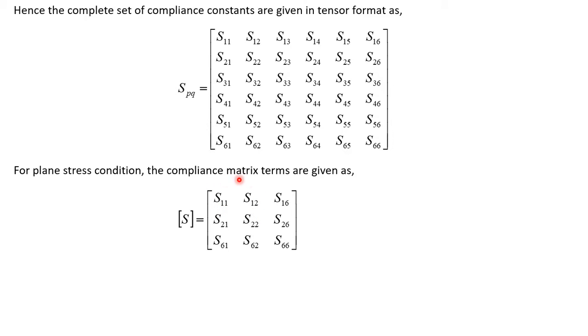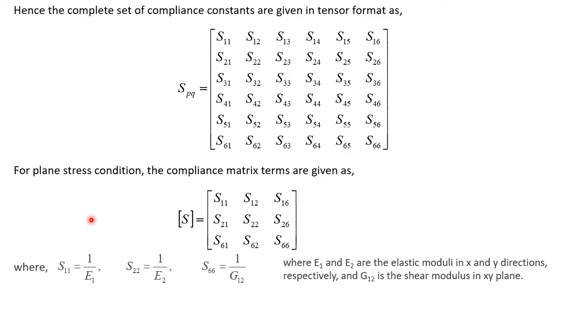So in that case, the extensional stress and the shear stress values are only in the XY plane, we assume. Therefore we will be left with these compliance constants for plane stress condition, like a sheet of metal.